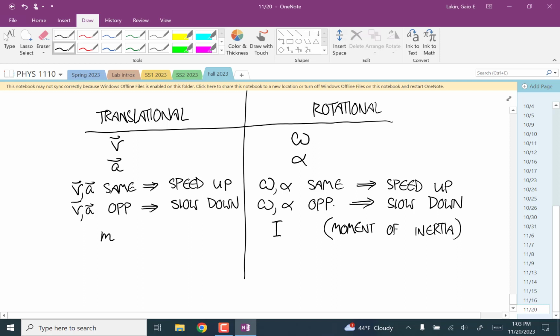For translational quantities, the thing that causes accelerations is a force vector. For rotational quantities, I'm going to call it capital M, and people either call it a moment or a torque. Those mean the same thing.